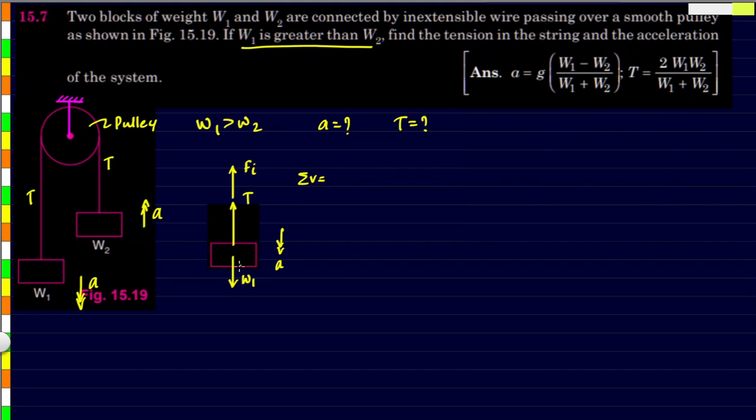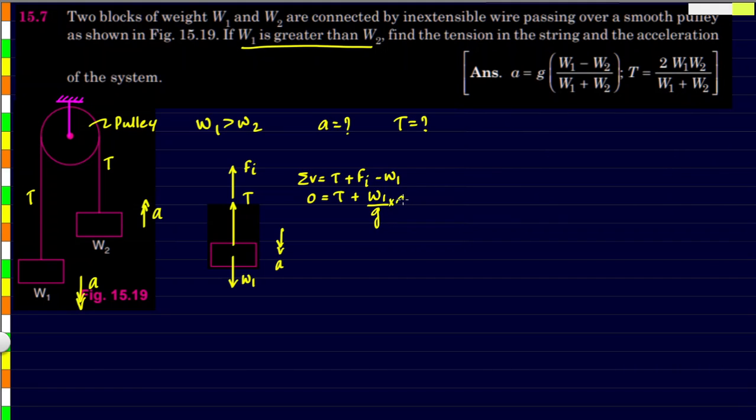So let's find all the forces. T is acting upwards. Fi, the inertia force, is also acting upwards, whereas W1 is acting downwards. So sum total has to be 0. Tension is not known. Inertia force is mass into acceleration. Now weight of this is W1. So if weight is W1, mass is W1 by g.